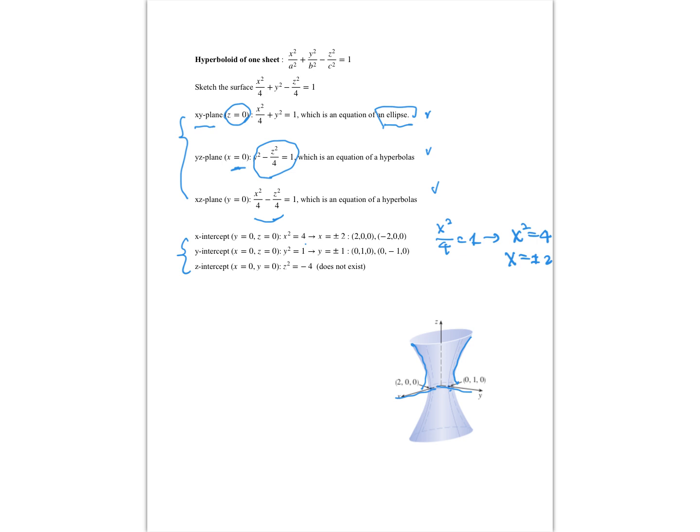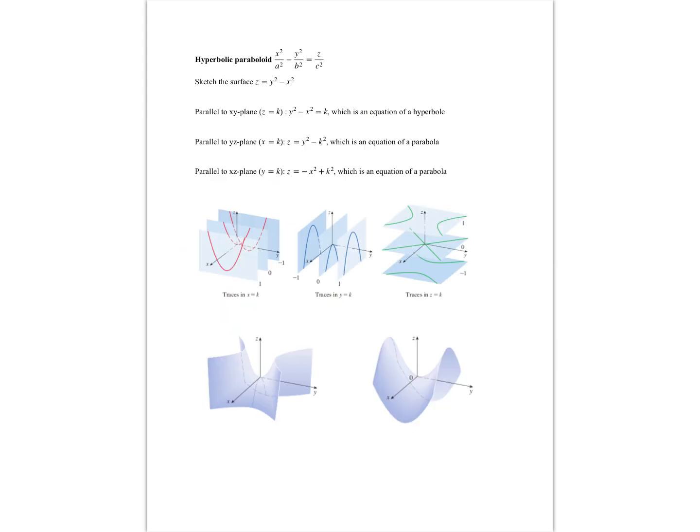Second is x equals 0, z equals 0, so y equals positive or negative 1. That's the y-intercept. For the z-intercept, negative z squared over 4 equals 1, so z squared is negative 4. It doesn't make any sense, because a square is always positive. That's how you find the intercepts and traces of each section.